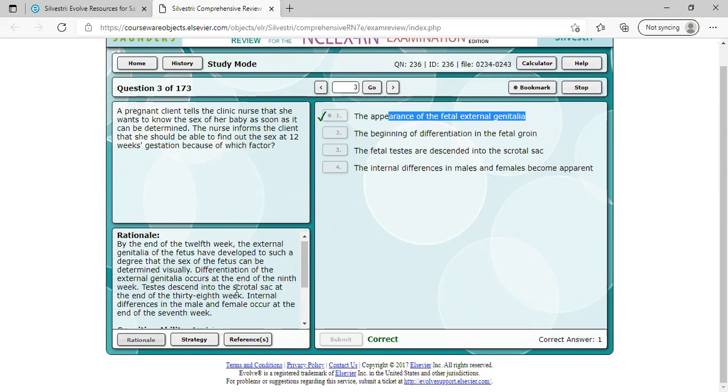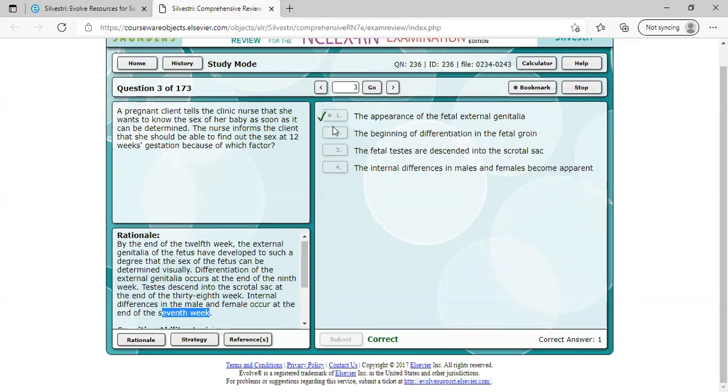Testes descend into the scrotal sac at 13 to 18 weeks. Internal differentiation, male and female, occurs at the end of the 7th week, but it does not help you find out the fetal sex.